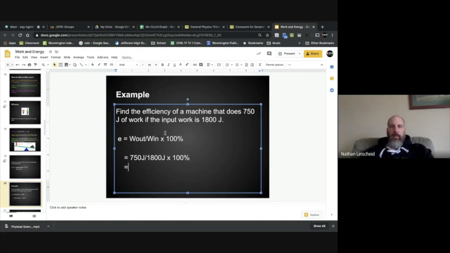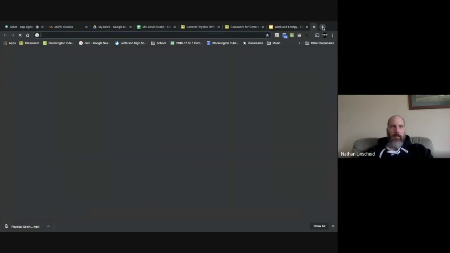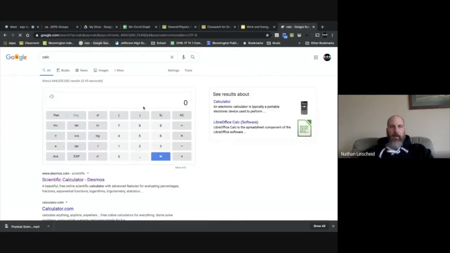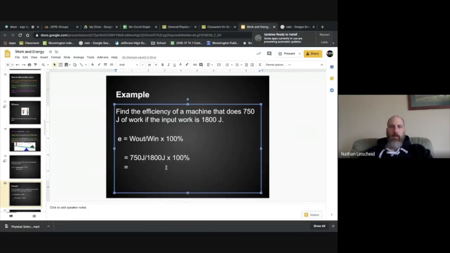I don't know what 750 divided by 1800 is off the top of my head, so let's open up a calculator here. 750 divided by 1800 is 0.416, we'll say 0.42, times 100%, which equals 42%.